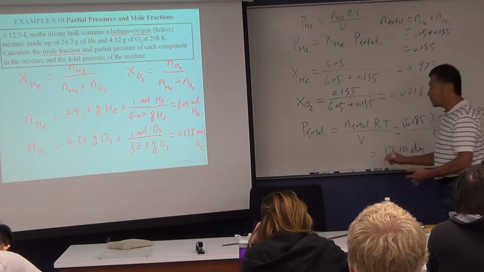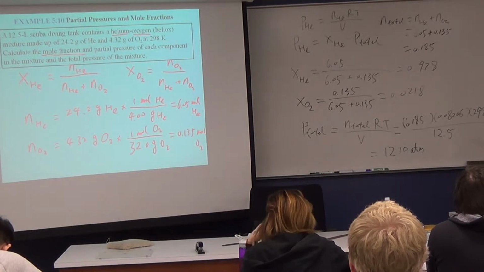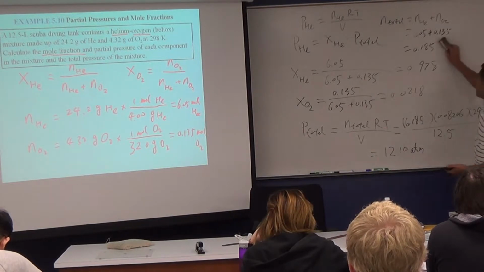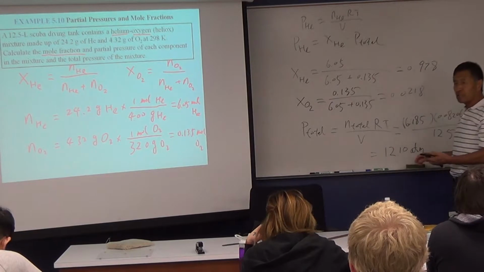As you know, if you use the right units, liter for volume, Kelvin for temperature, this number for R, your pressure is in ATM. Now let's put it into this equation and get the partial pressure of helium.